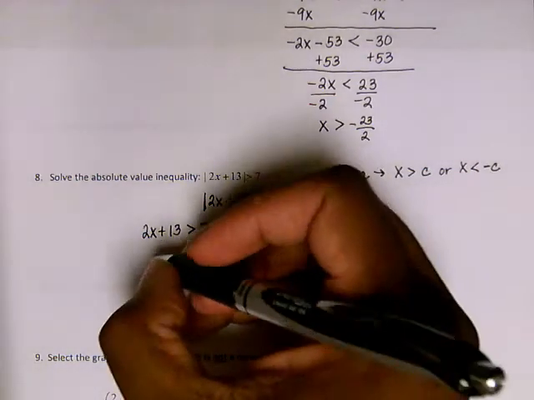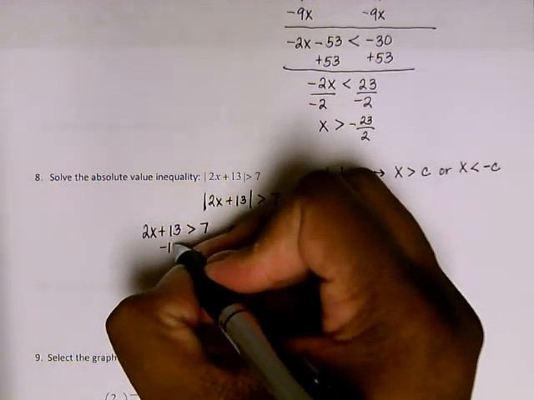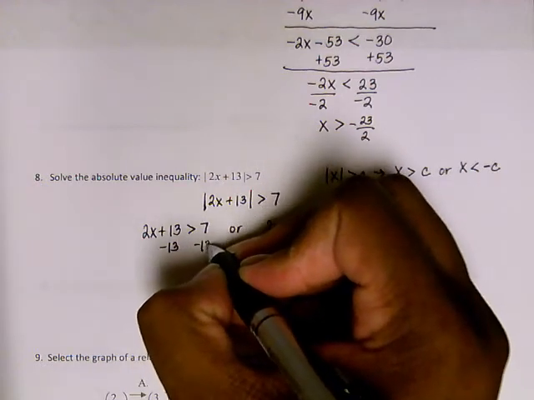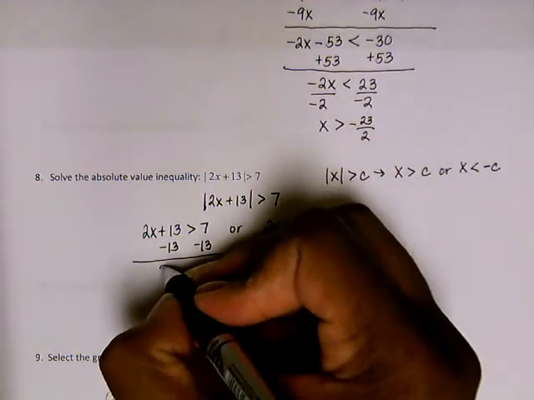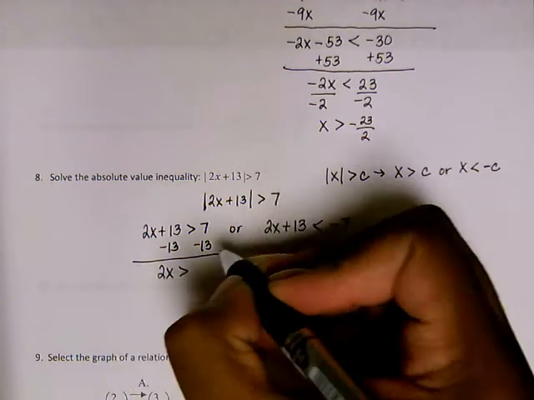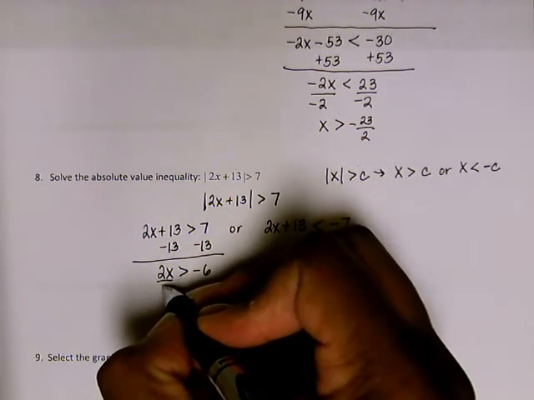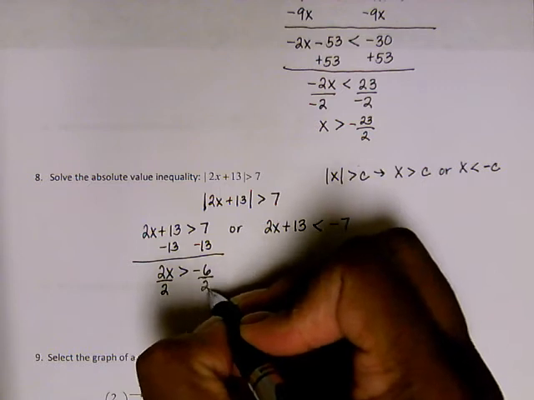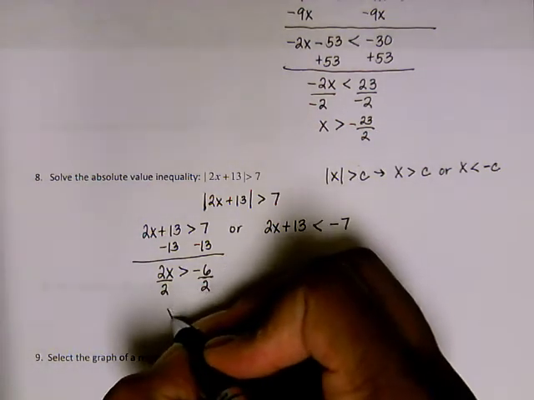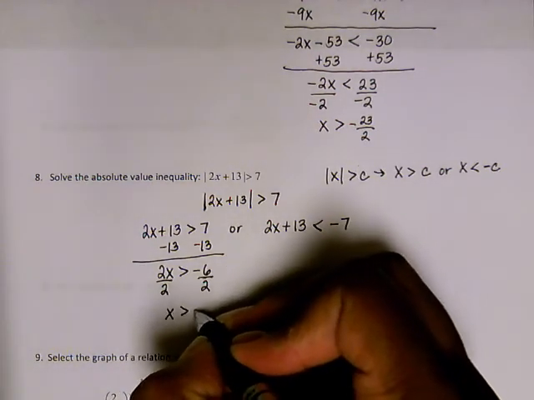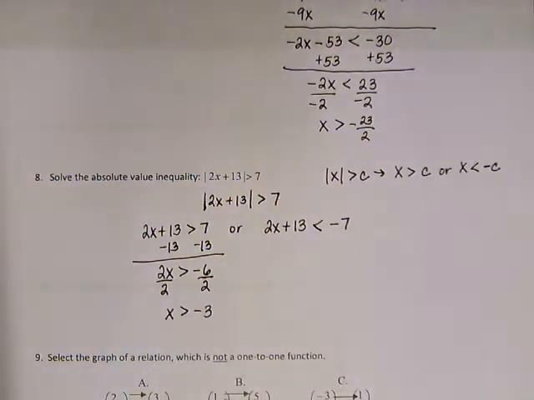So for 2x plus 13 is greater than 7, if you subtract 13, you're going to have 2x is greater than 7 minus 13, that's negative 6. And then divide both sides by 2, that means x is greater than negative 3.